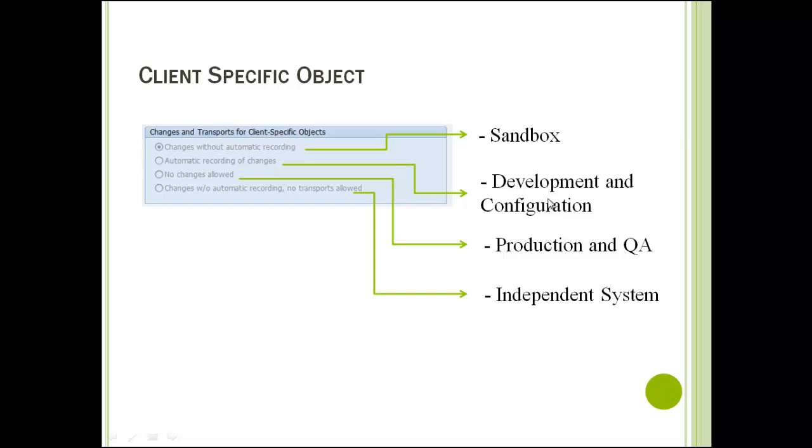This is for development and configuration clients. For example, in our client 800, this was enabled. That is the reason whenever we do any customizing or workbench changes, the system will automatically prompt to record the changes in the form of a transport request, so that any changes you are making are not lost. They will be automatically saved. That is the idea behind that.